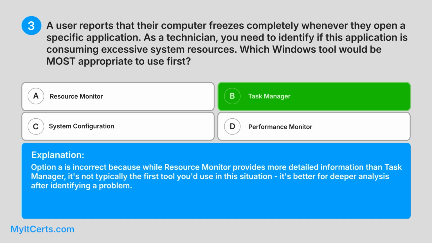Option A, Resource Monitor, is incorrect because while Resource Monitor provides more detailed information than Task Manager, it's not typically the first tool you'd use in this situation. It's better for deeper analysis after identifying a problem.